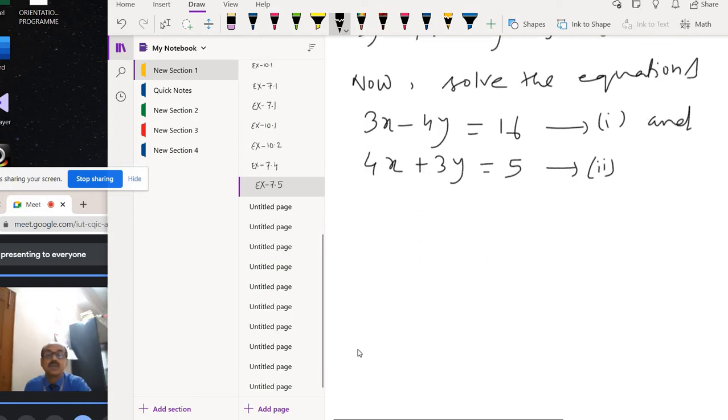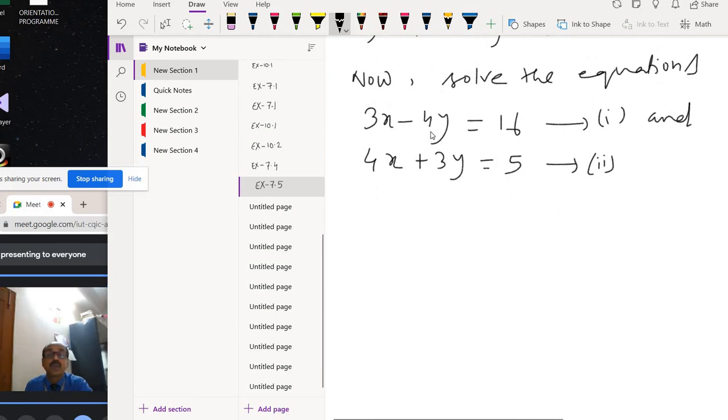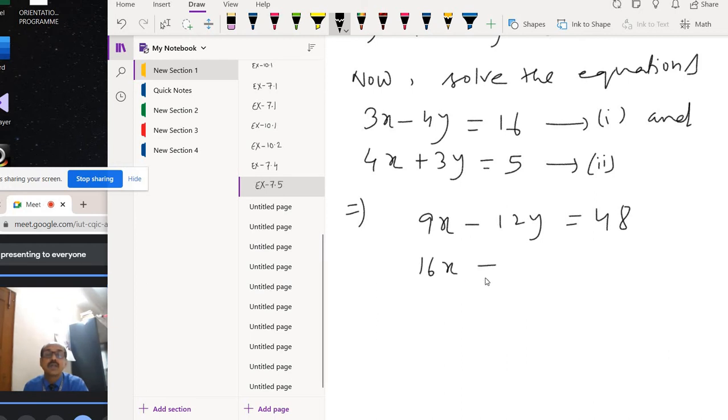So multiply equation 1 by 3, and equation 2 by 4. If we multiply equation 1 by 3, it will be 9x minus 12y equal to 48, and equation 2 by 4, so 16x plus 12y equal to 20.